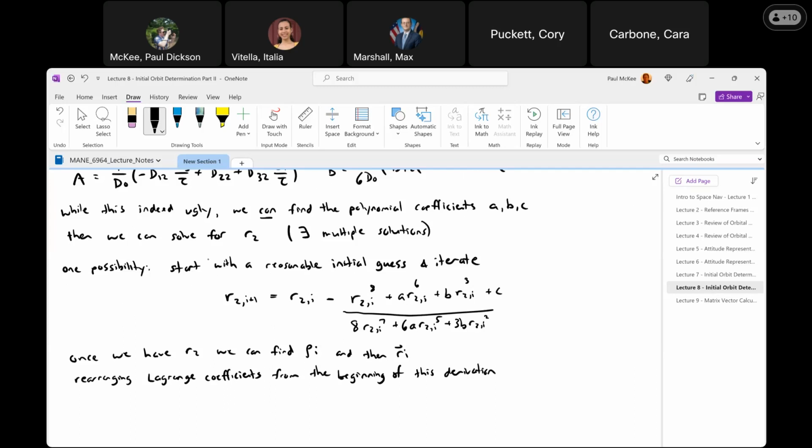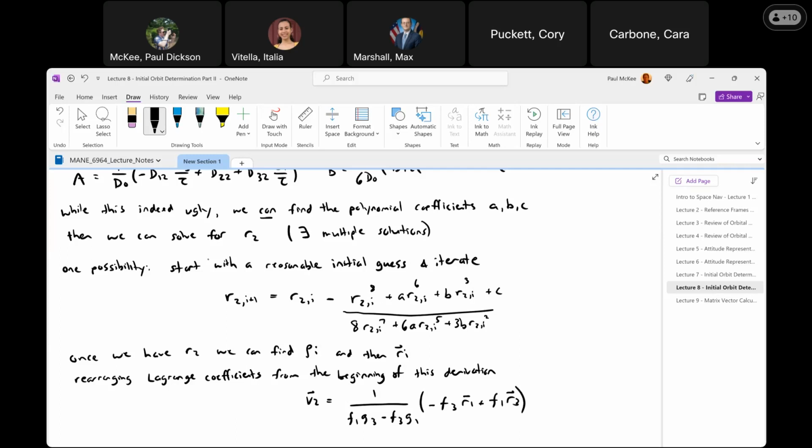We can say that V2 is equal to 1 over F1 G3 minus F3 G1, and then in parentheses, negative F3 R1 plus F1 R3.